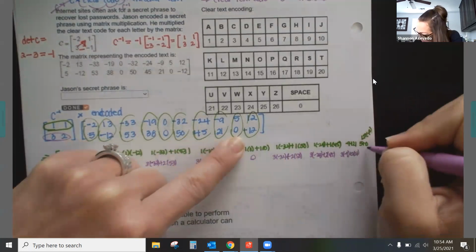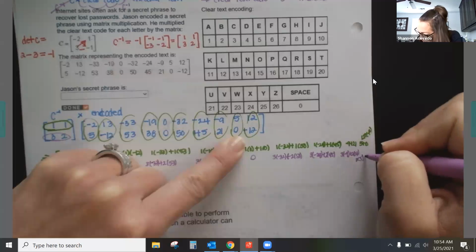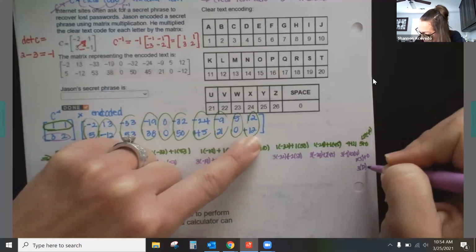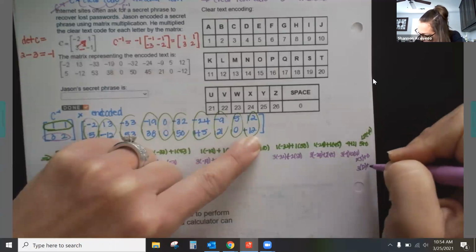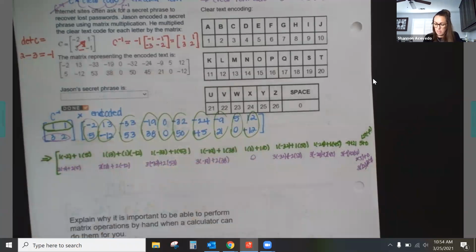And then I have my 3 times my 5 plus my 0. And then my last one, I know it's a mess, 3 times 12 plus a negative 2 times my negative 12. And although you can't read that, those are what this last little piece is.